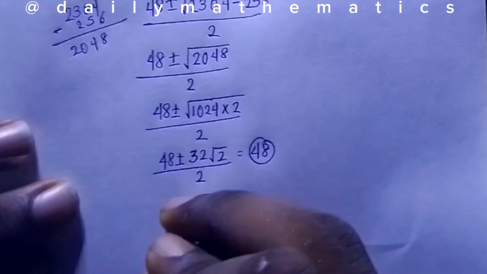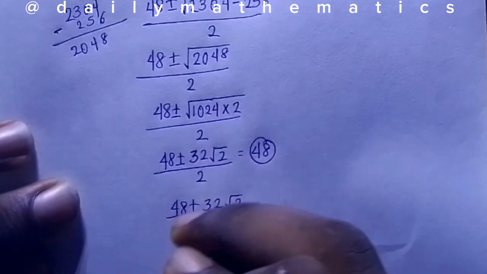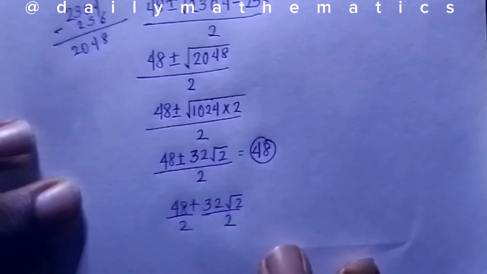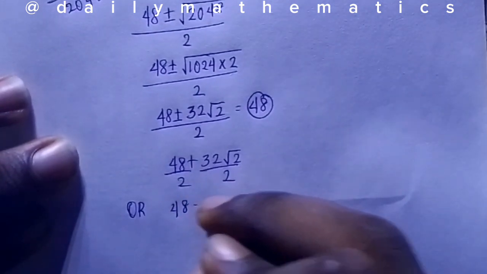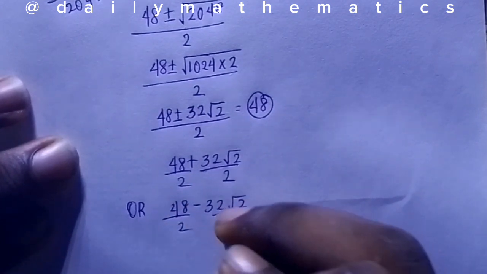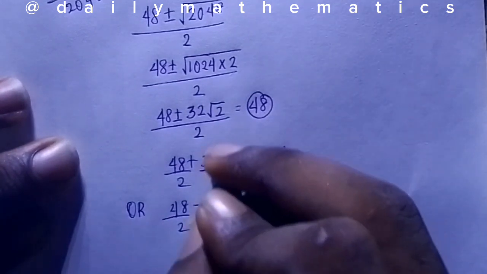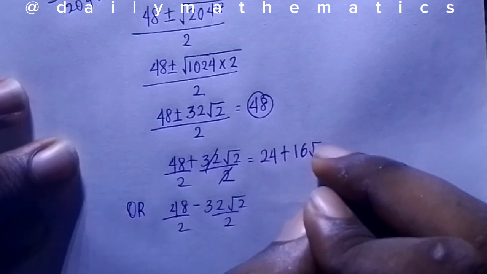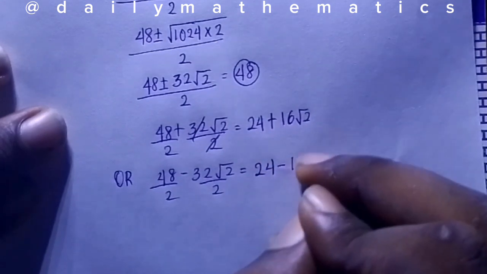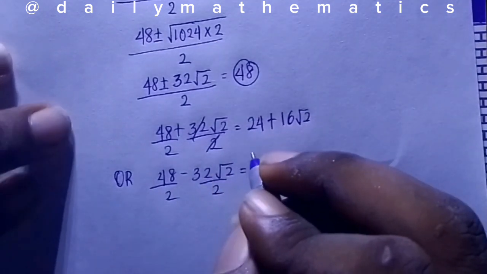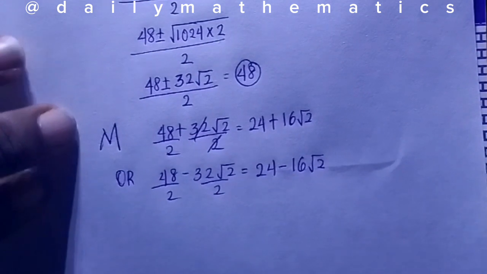Let's split it: 48 plus 32 root 2 over 2, or 48 minus 32 root 2 over 2. 48 divided by 2 is 24, so we have 24 plus 16 root 2, and 24 minus 16 root 2. All these are the values of m.